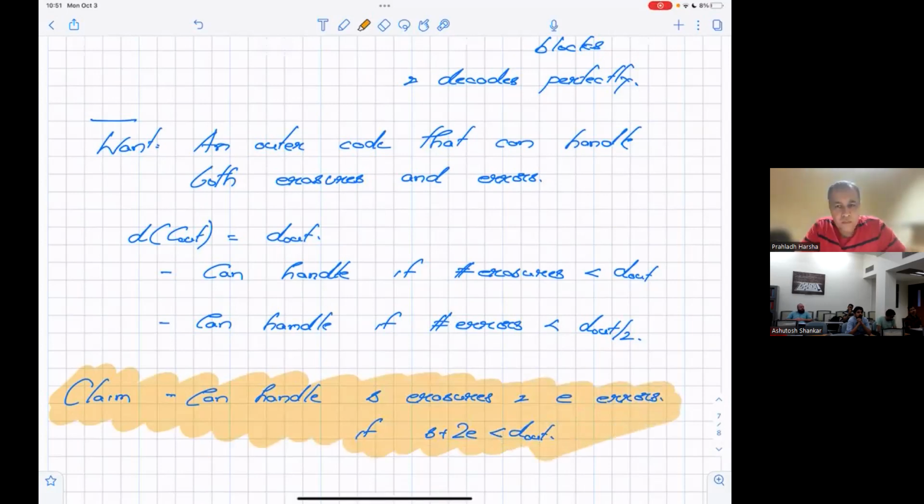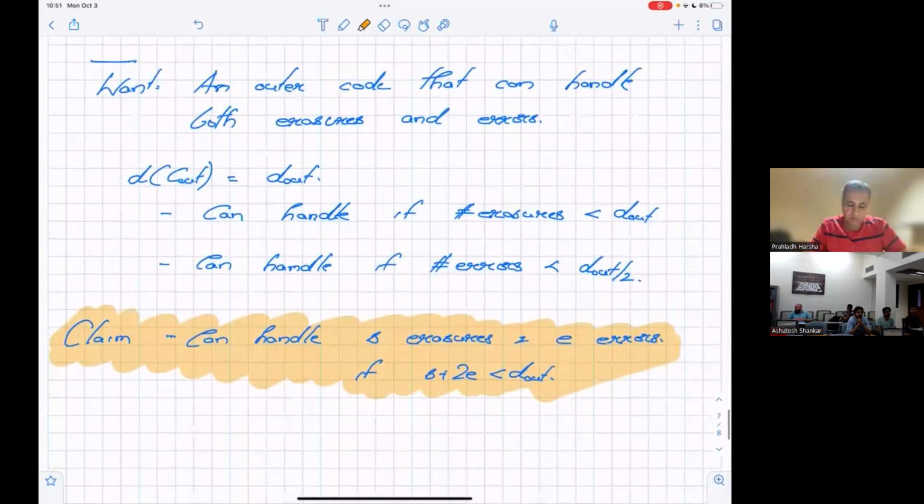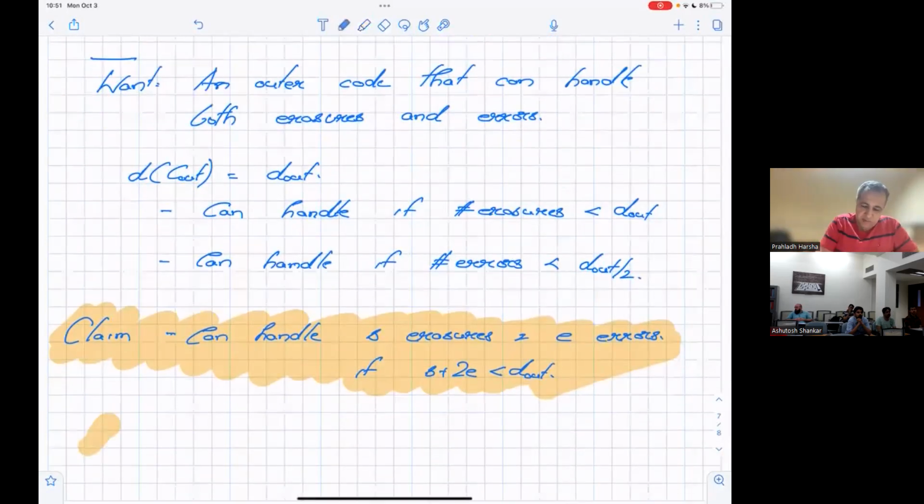That is, suppose I give you a code word and I make s erasures and e errors. Can I recover from this? So once again, let's look at this. What happens? I want to claim you can.